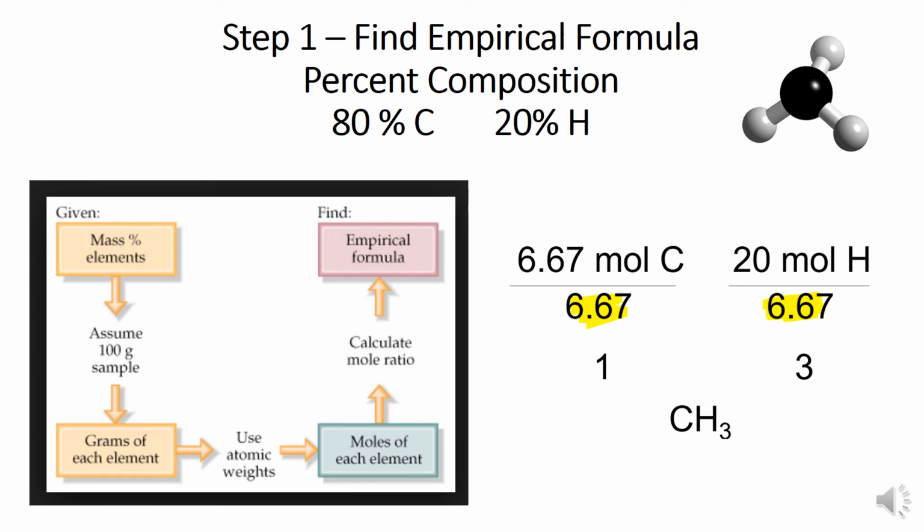So this is the first piece of information that we need to be able to write our molecular formula, our real formula, the true formula, if you will, for ethane. But CH3 is definitely the empirical formula based on the percentages that are provided. So now let's look at that second piece of information that was provided.